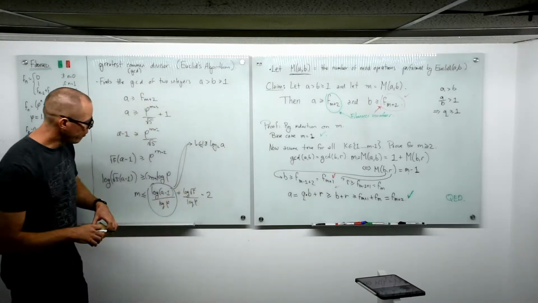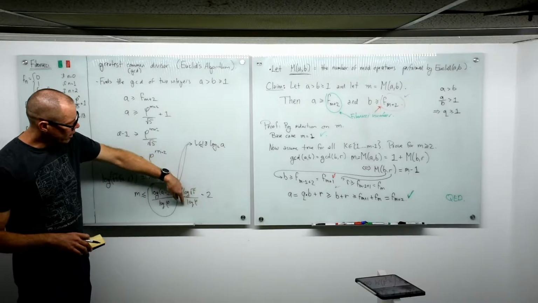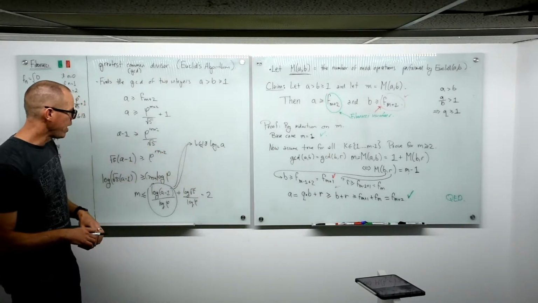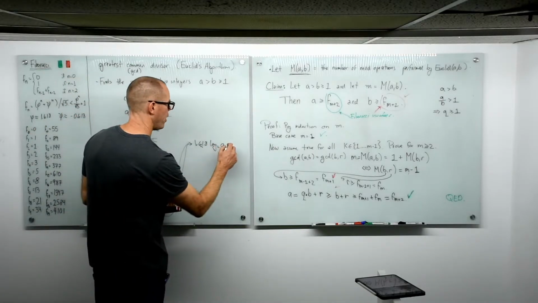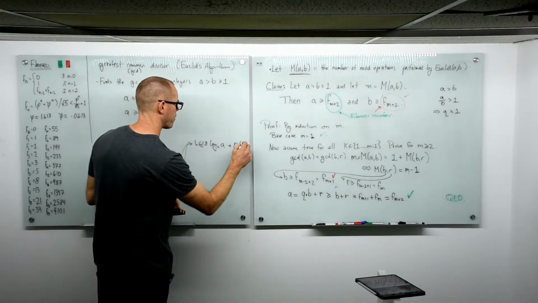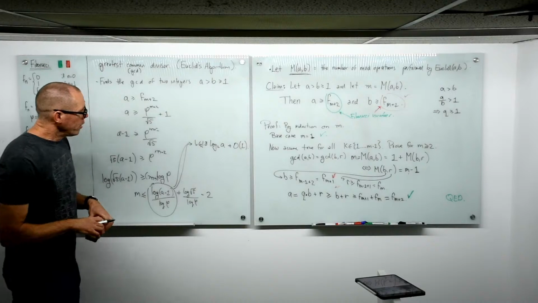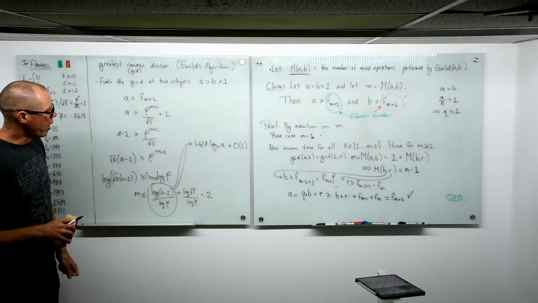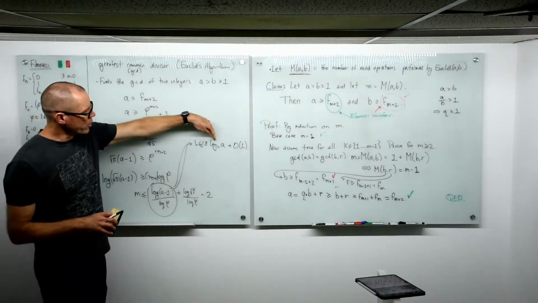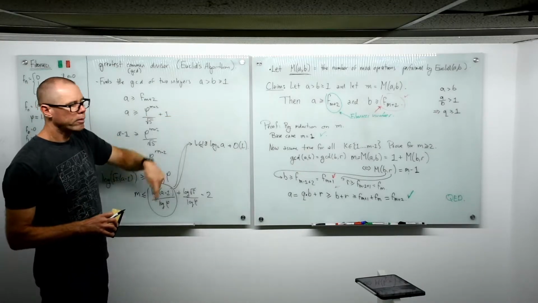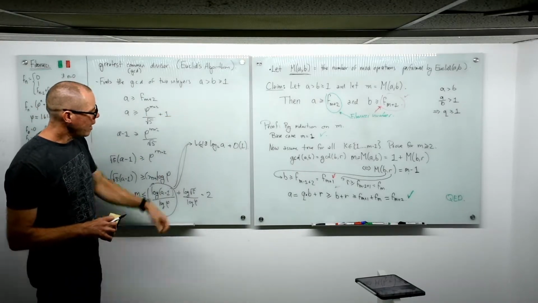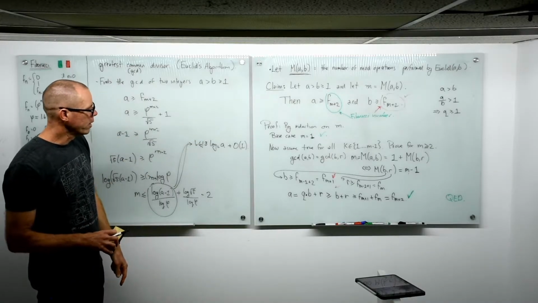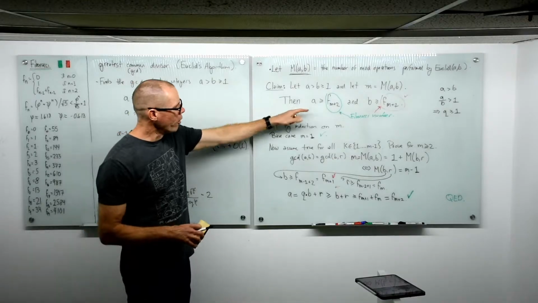And all of this other stuff, well, root 5 is a constant, this is a constant, there's a minus 2 here, who knows if this is positive or negative, it doesn't matter, it's a constant. So the running time of this algorithm, or the number of mod operations, is only proportional to the logarithm of a. That means I need to put an enormous number in here to make this big. So it runs in basically order log a time.